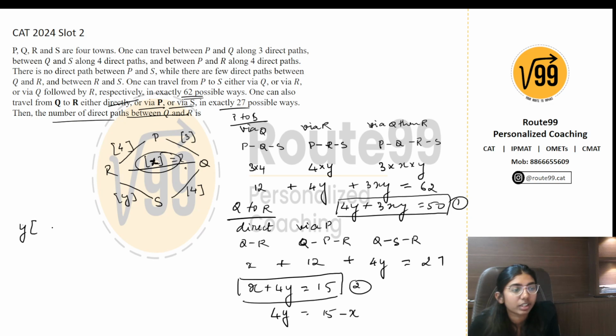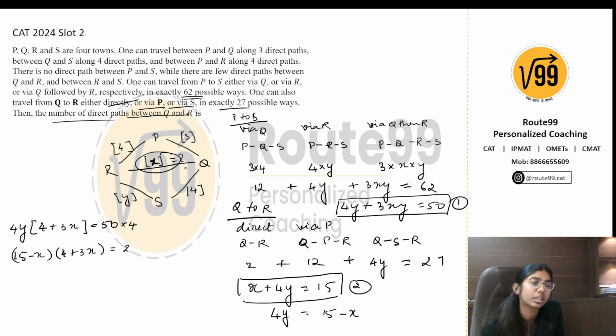If I take Y common, I have 4 plus 3X, which is equal to 15. Now just multiply by 4 on both sides. Why? Because now I can just substitute the value, no need to divide. You can do that as well. So 4Y is 15 minus X, multiplied by 4 plus 3X, is equal to 200.